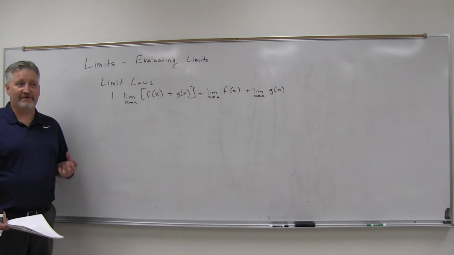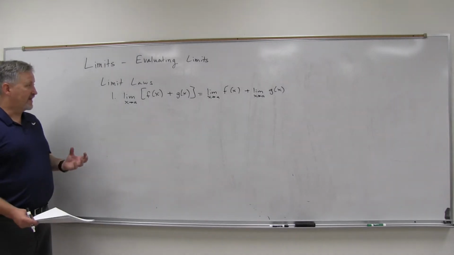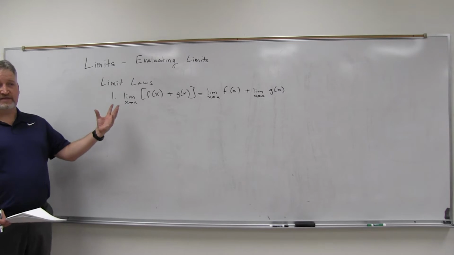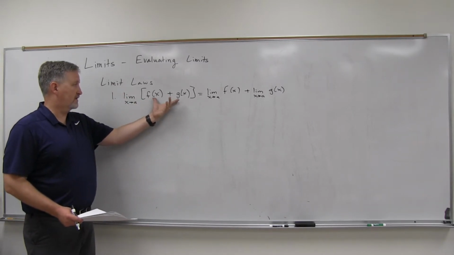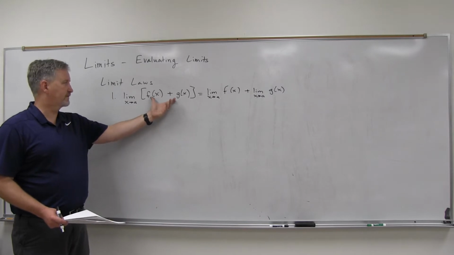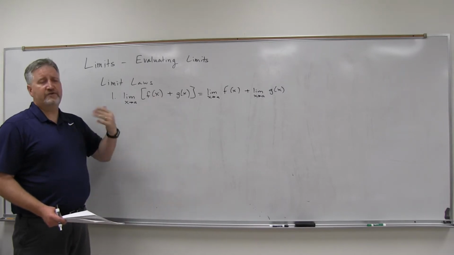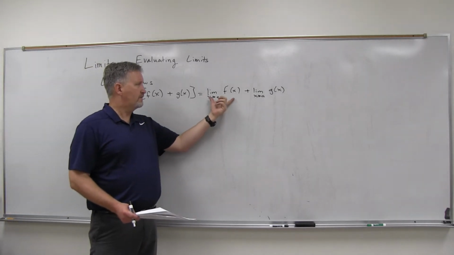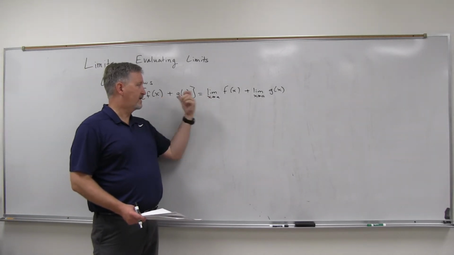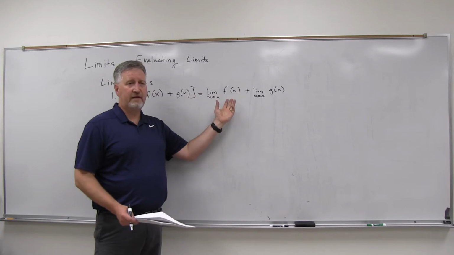These limit laws are very nice in application, because what this is telling me is that if I've got a function comprised of functions, so two functions added together to make another function, then all I have to do to evaluate that is just evaluate them separately.